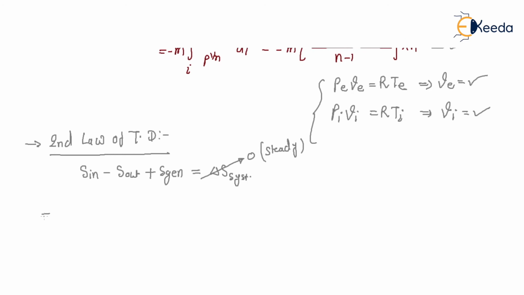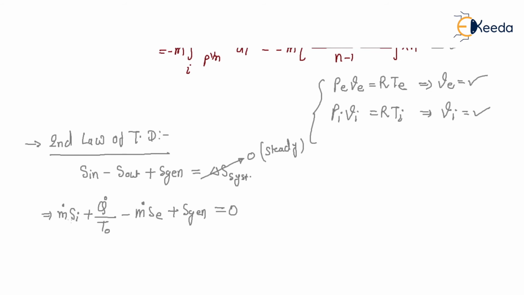So what is S in? There is mass in and also heat in. Due to mass, m dot Si plus heat transfer by T, where T is the surrounding temperature. The exit is m dot Se, plus S generation is equal to 0.